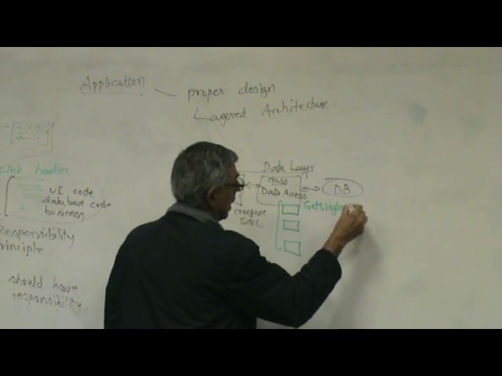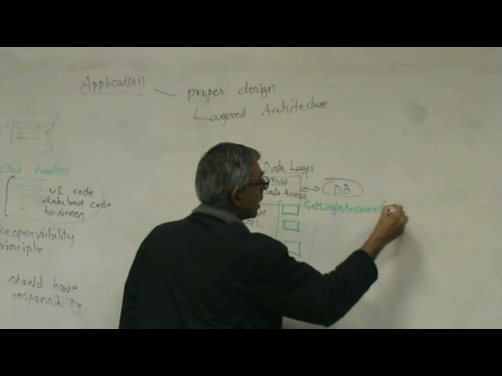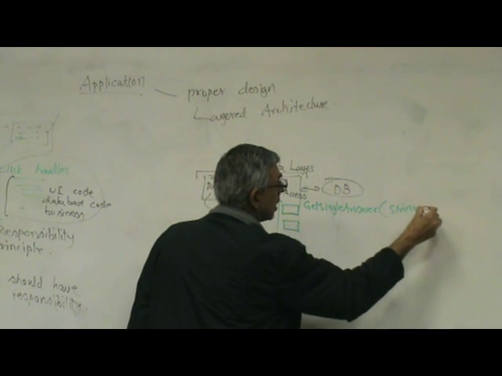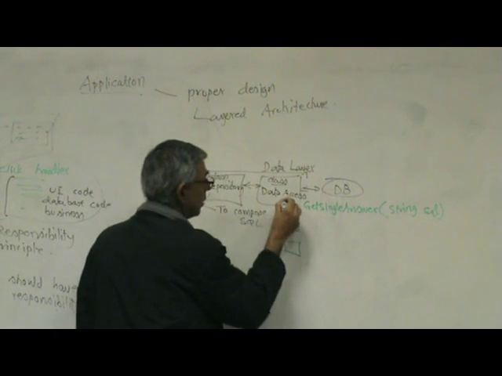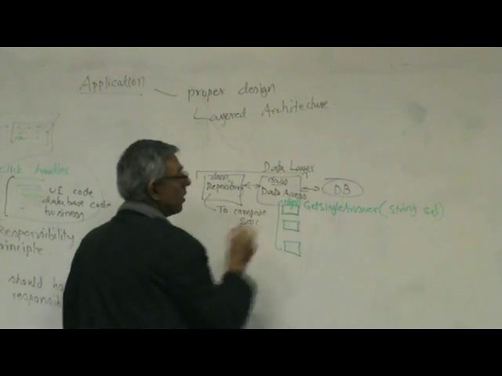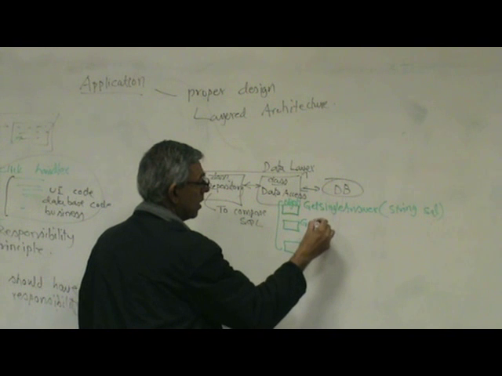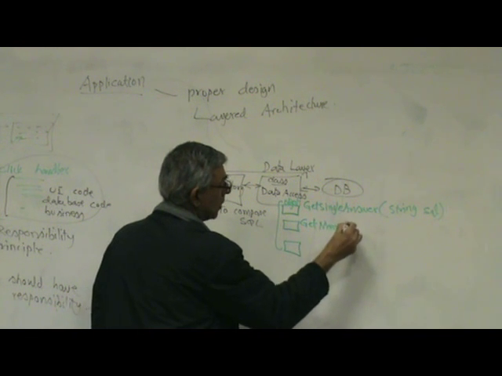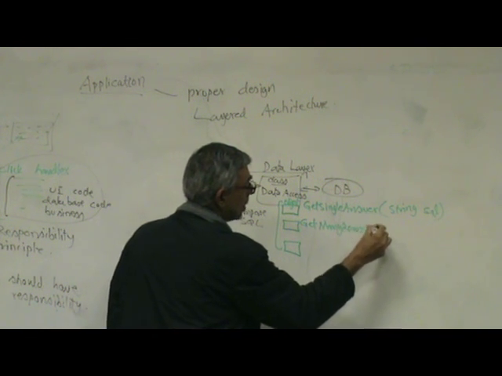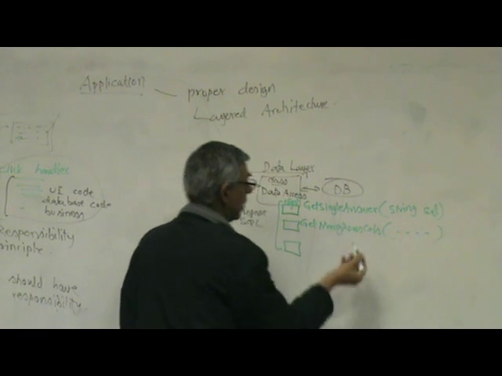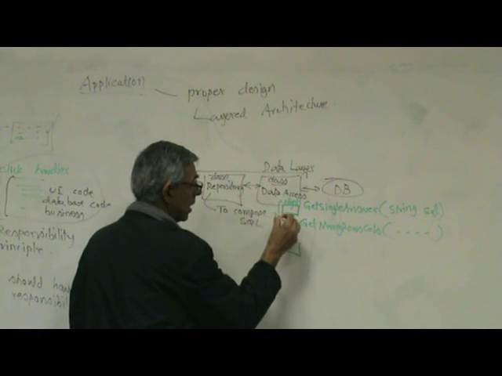So get single answer. It took a SQL as an input, correct? And returned an object, right? Okay, very similarly, we had something like get many rows, columns, right? Something like this. Also, it took the SQL as an input and gave us a data table.